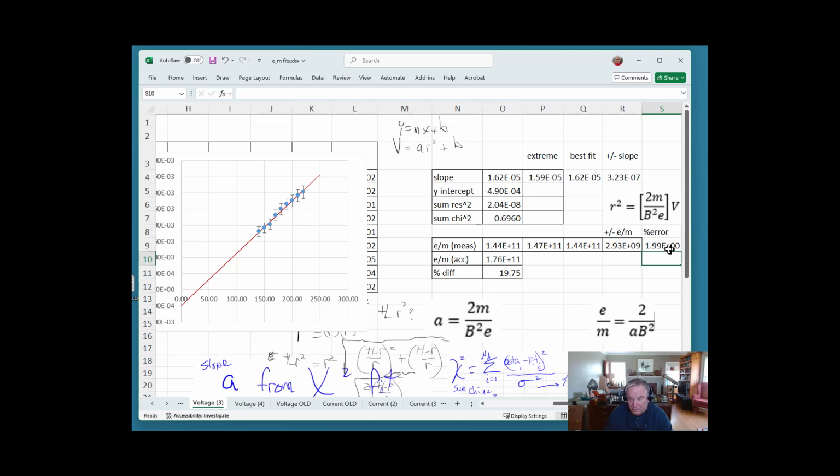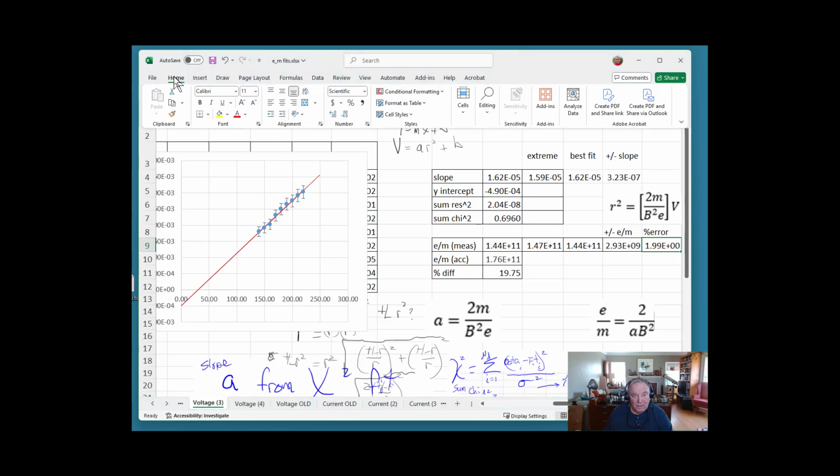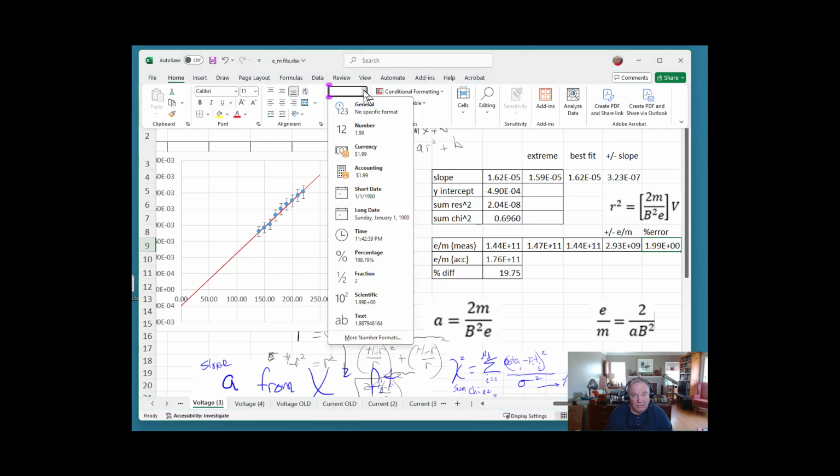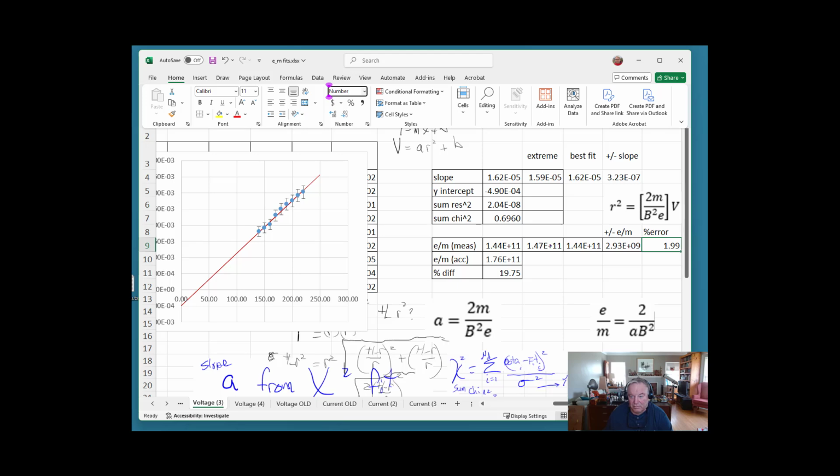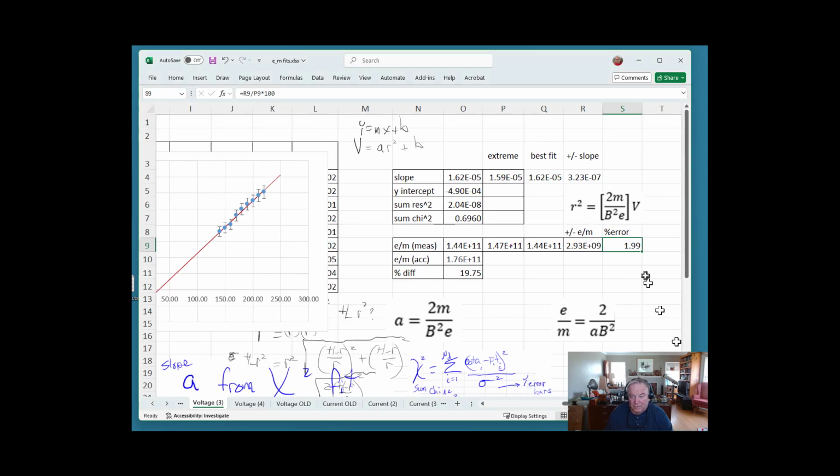And we see we got plus 1.99%. So that is not so bad. But our percent difference is 20%, so that's too bad.